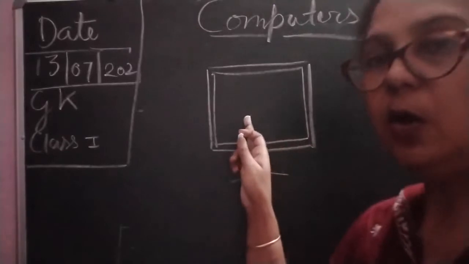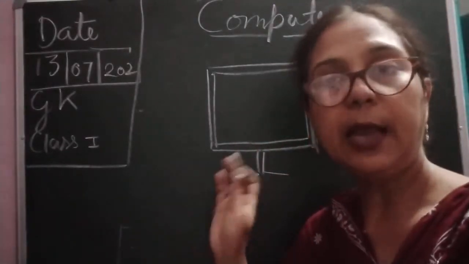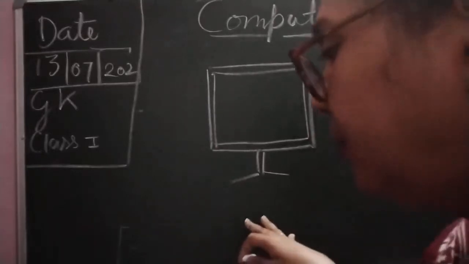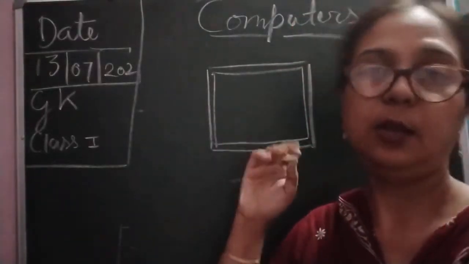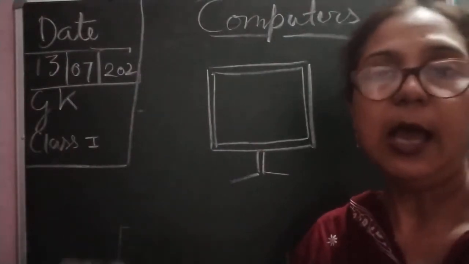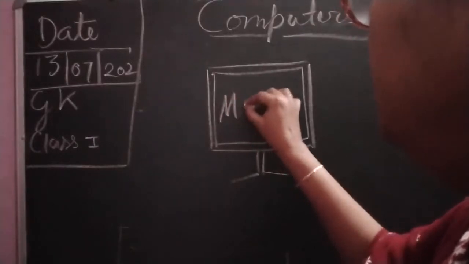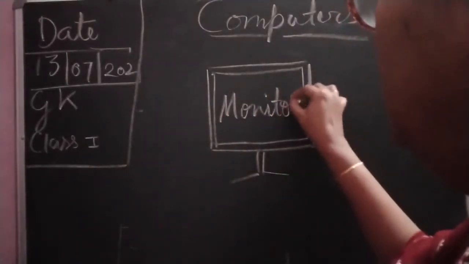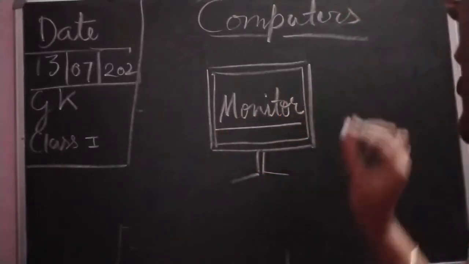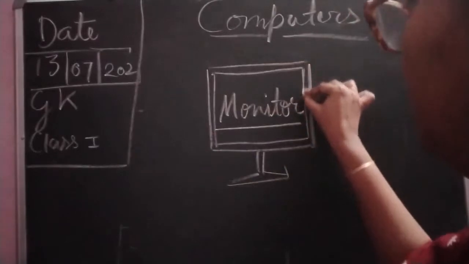What is this called? From here we can see whatever we are typing from the keyboard. This is called the screen of the computer, and the screen of the computer is called the monitor, children.